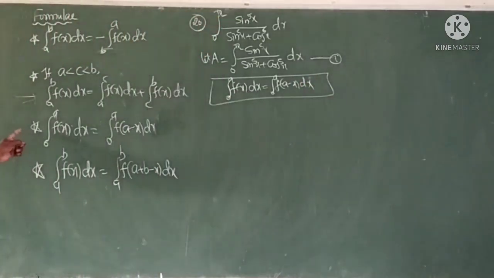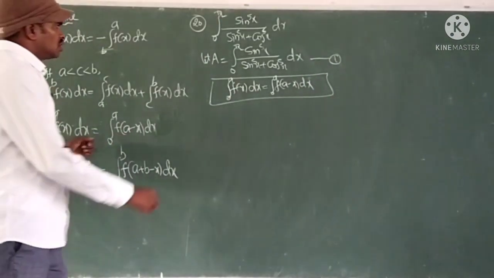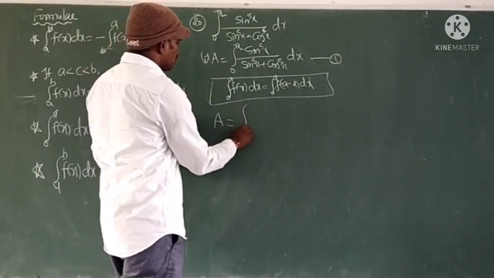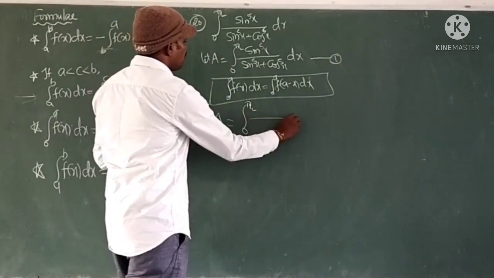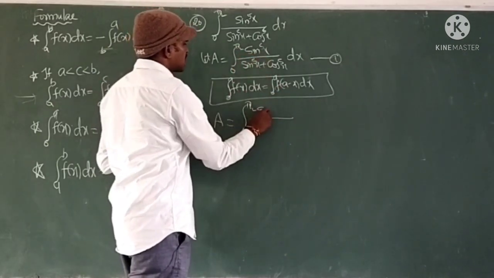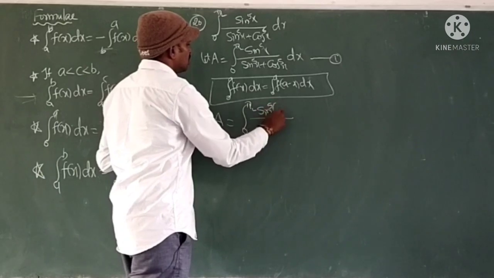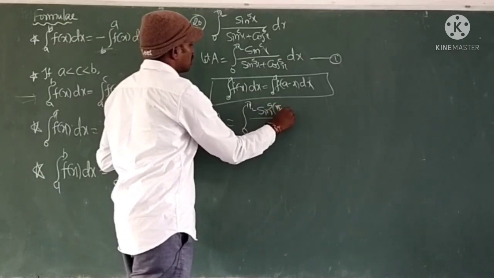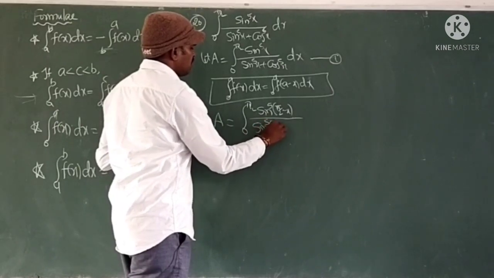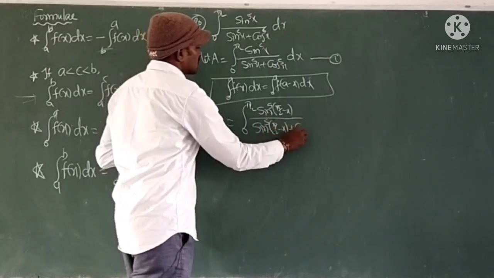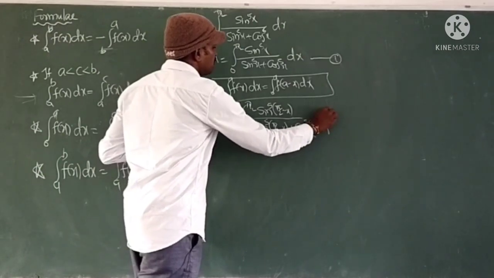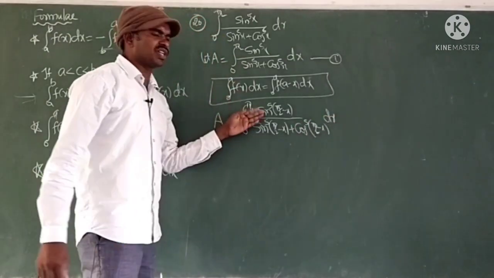According to this formula, a means pi by 2, so sin power 5 of pi by 2 minus x in the numerator, and in the denominator also sin power 5 of pi by 2 minus x plus cos power 5 of pi by 2 minus x. A simple question, if you remember this step, that is enough.